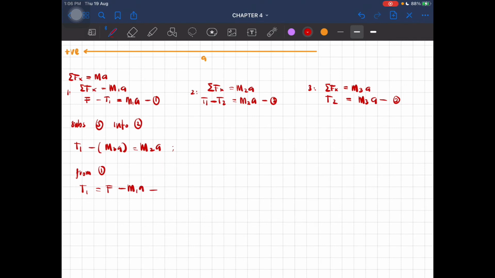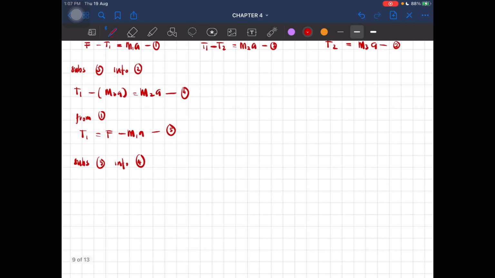So this is equation 4. Let me renumber that. This is equation 4, this is equation 5. So substitute equation 5 into equation 4. So F minus M1A minus M3A equal to M2A.